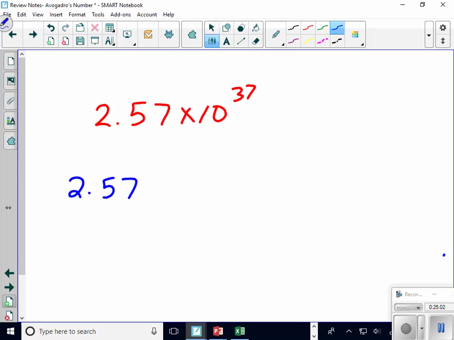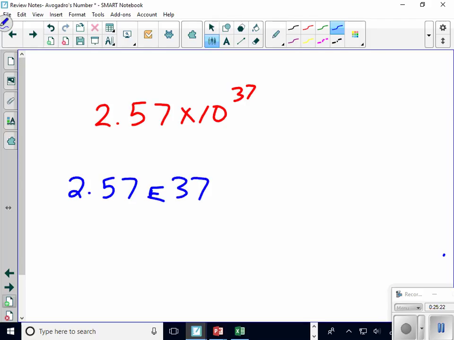Okay? If I hit second function of the comma, up pops a tiny little e, right? That tiny little e, I then type in 37.